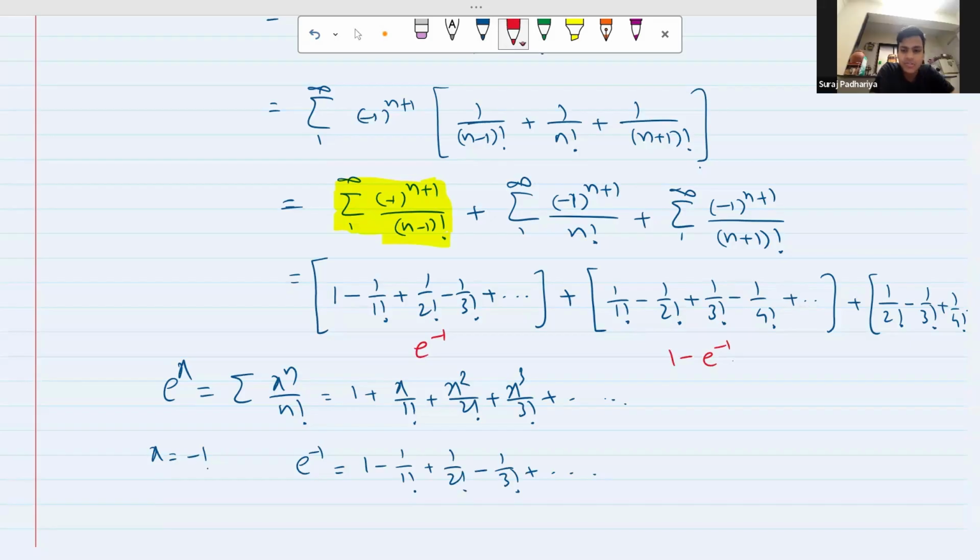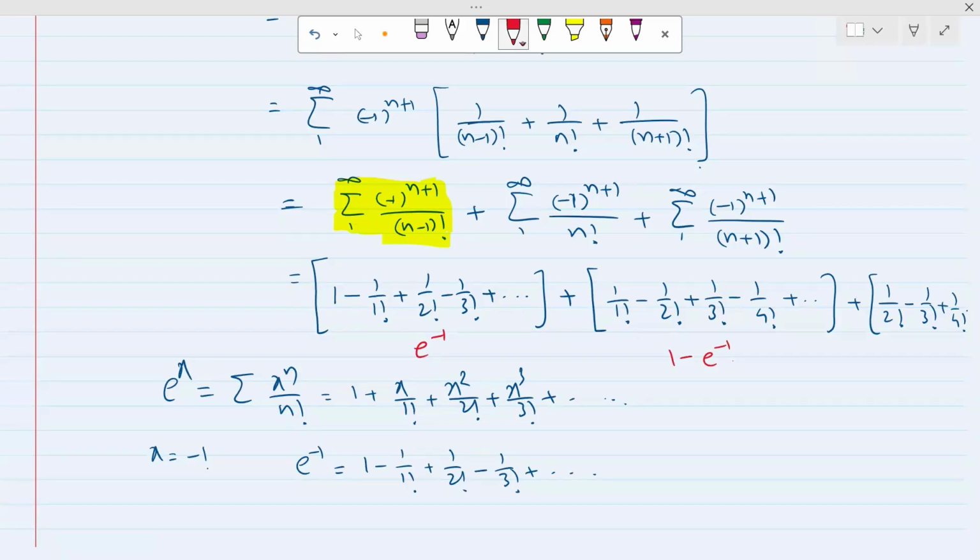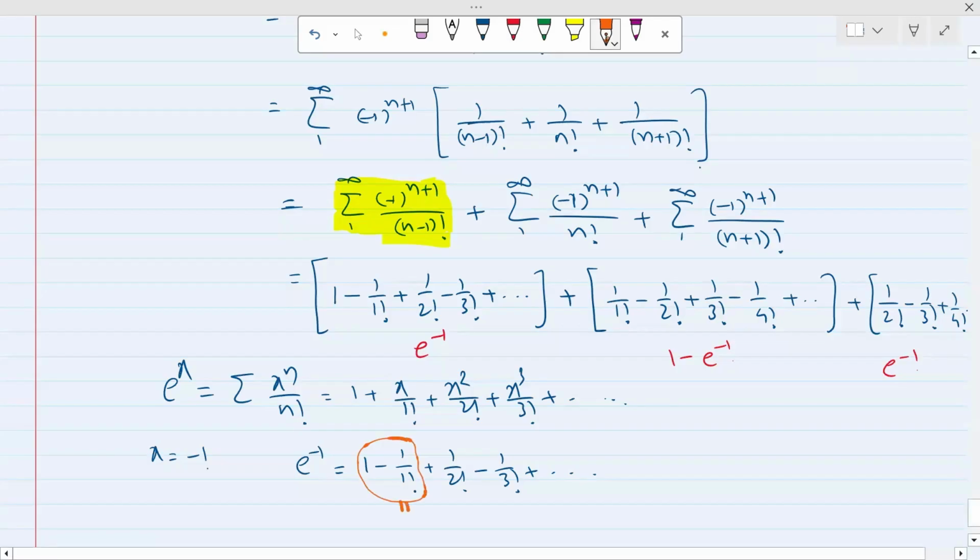Yes. And what about the third one? Third one is e raised to minus 1, because this addition is 0, I hope. 1 minus 1, that's 0.